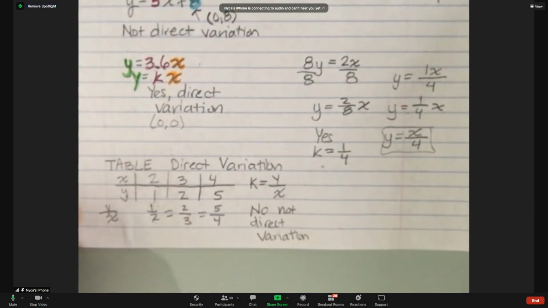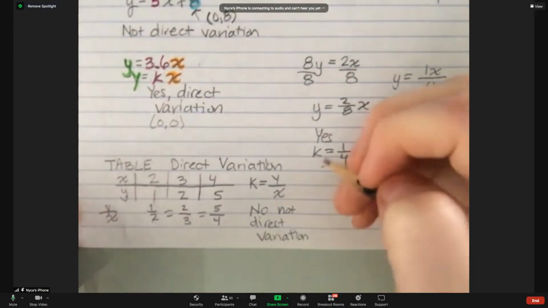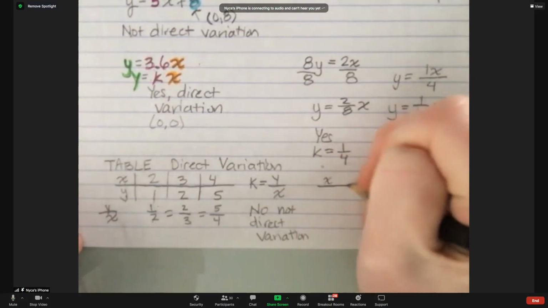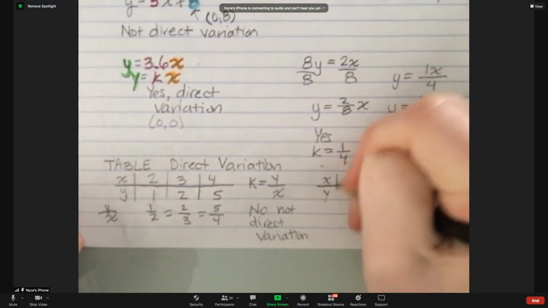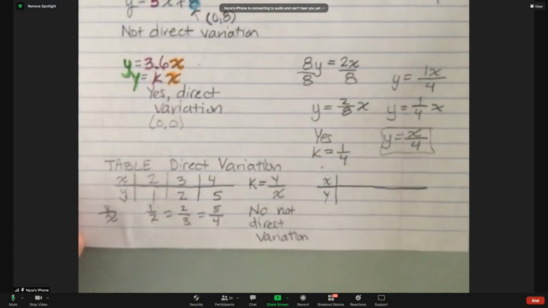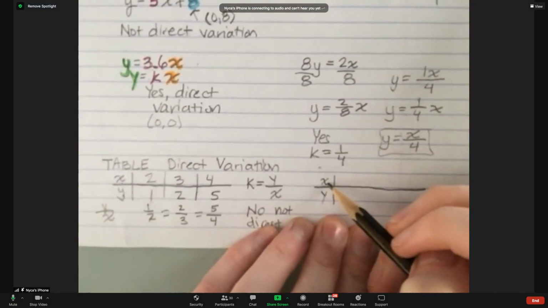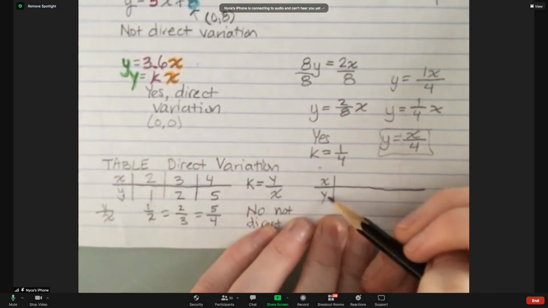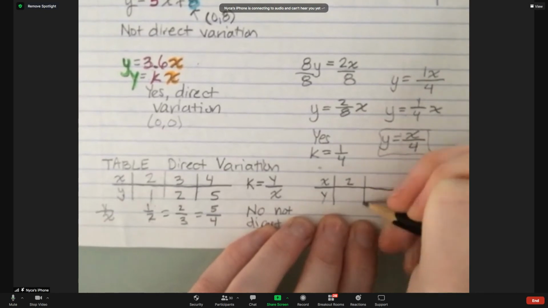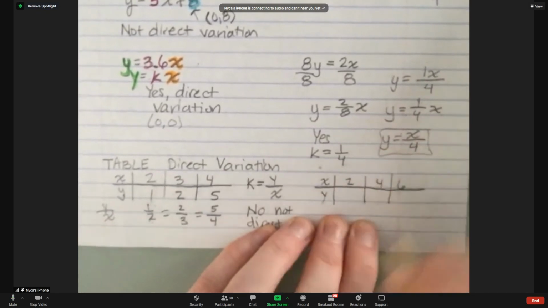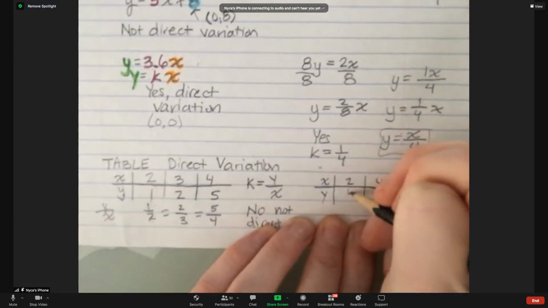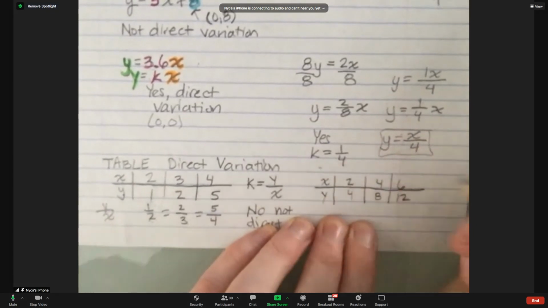Let me show you an example that is in direct variation. So this time, if I were to give you the problems, cans of food would represent X, and your Y would be dinners made. 2, 4, 6, and 4, 8, 12.